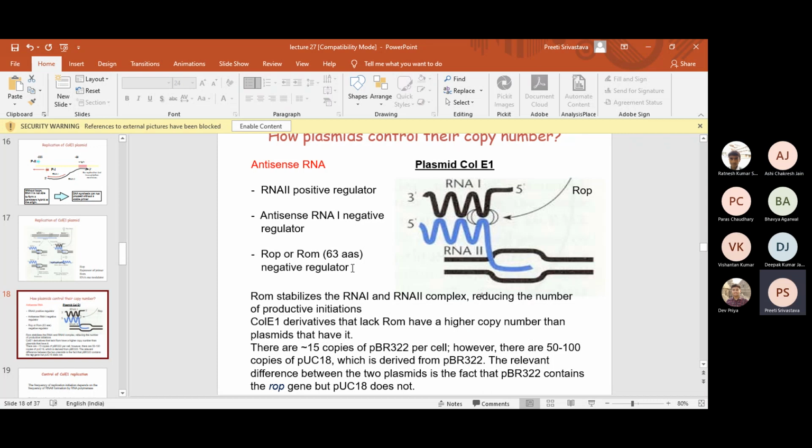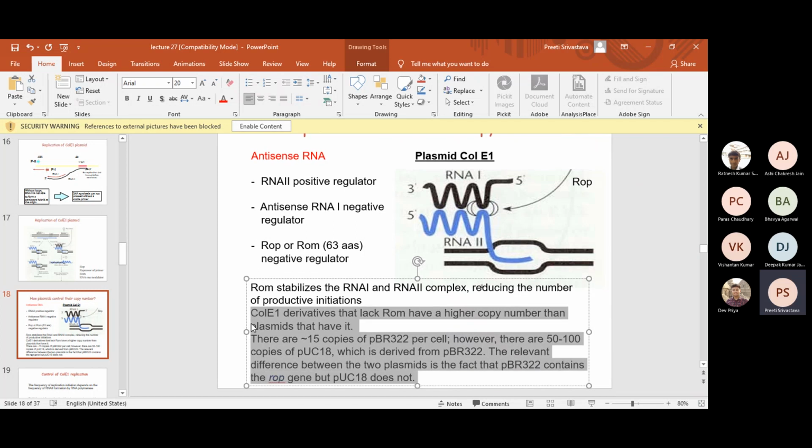Okay, very good. So then ColE1 derivatives. This you will see in the lab experiments as well when you are back on campus. ColE1 derivatives that lack this ROM protein have a higher copy number than the plasmids that have it. So there are 15 copies of pBR322, but there are 50 to 100 copies or even 500 copies of pUC19.